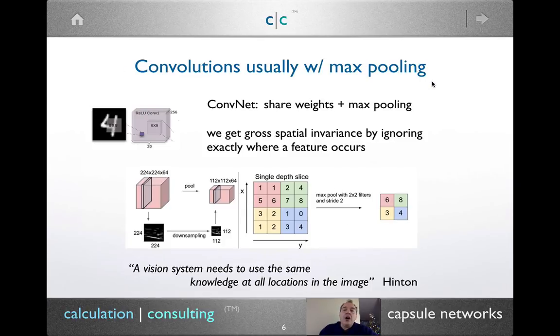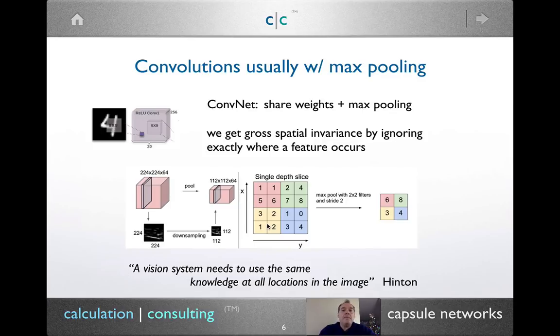Now, what's really important for this talk is to understand how convolutional nets give us spatial invariance. I'm going to remind you that convolutional nets have 2 very important properties to do this. First, they share weights. When you form a series of convolutions across the image, each of these convolutions in a layer, these 2 by 2 squares, share the same weights.